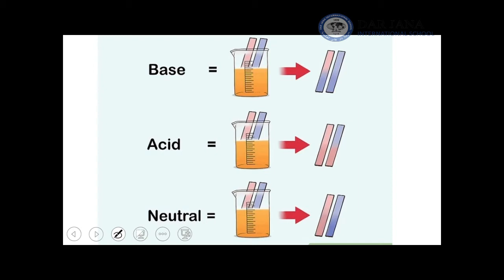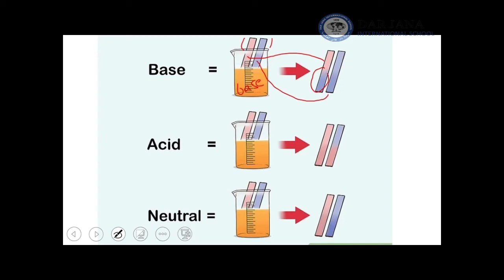If we use two litmus papers here, a red one and a blue one, and dip them in a solution, as you can see here, the blue one didn't change its color, but the red one turned blue. So this means the solution here is a base, right? Because only a base turns red litmus paper blue.